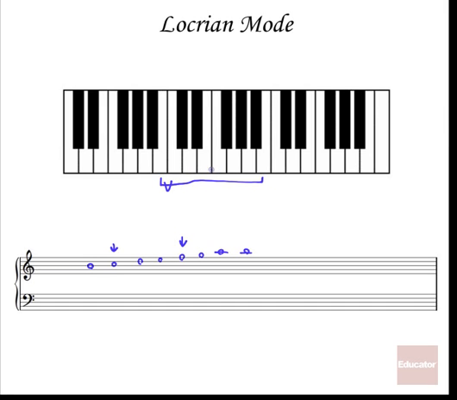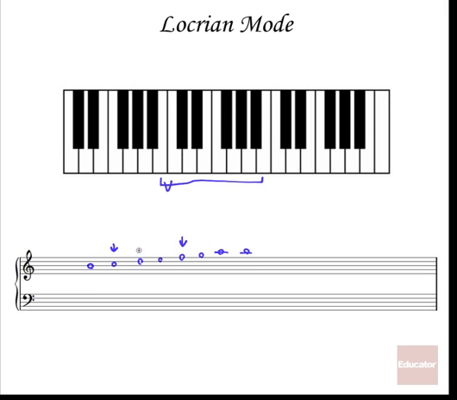And so this 5th being lower means that this scale doesn't have a perfect 5th in the tonic triad. So this B, D, and F is actually a diminished chord. So this mode tends to not be used at all because of this funny characteristic of the tonic triad.